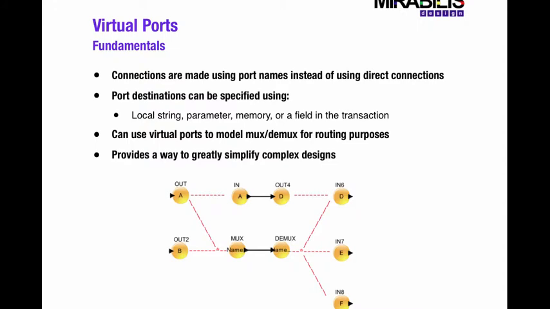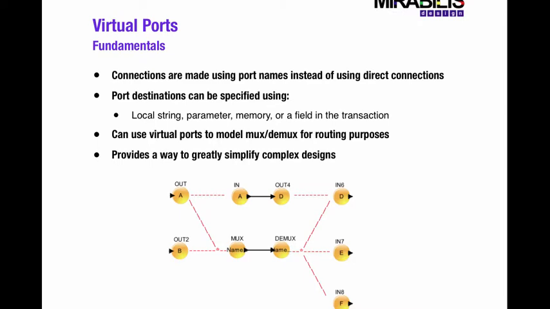And the destinations for the port can be specified in a number of ways, either as a local string in the block parameter for the virtual port, or a block diagram parameter, a memory, or a field in the transaction.